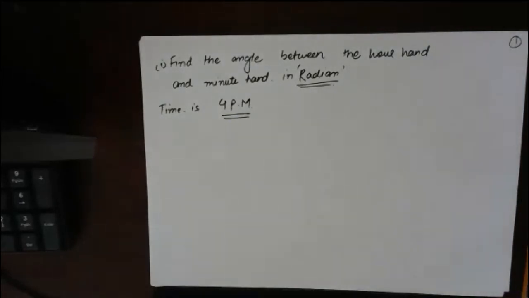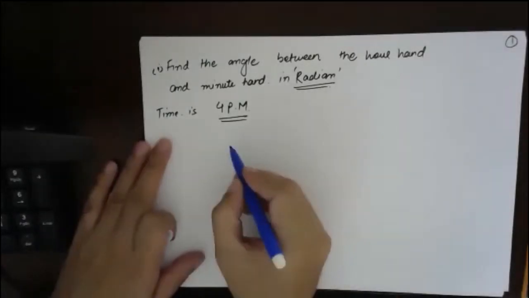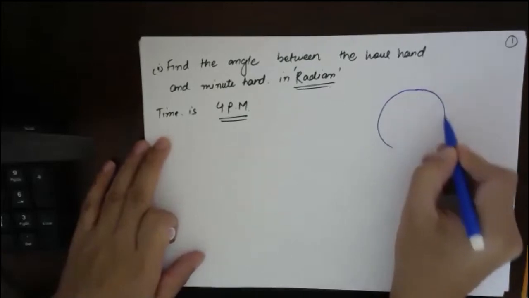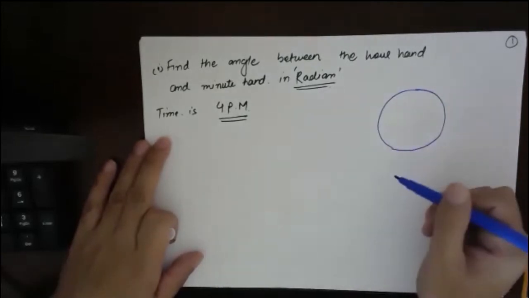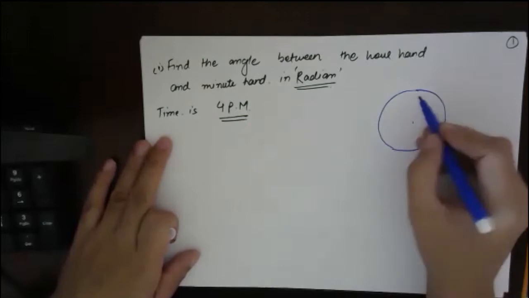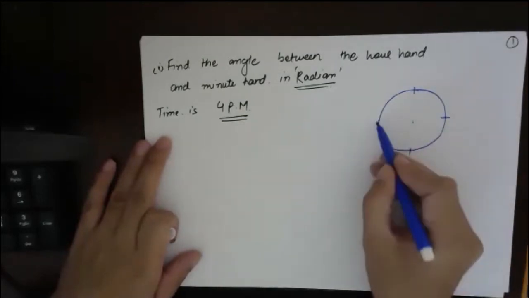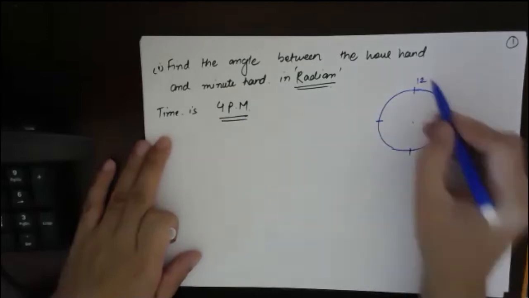So let's solve this one. Suppose we have a clock. These are the angles. This is 3, this is 6, this is 9, and this is 12 or 0.